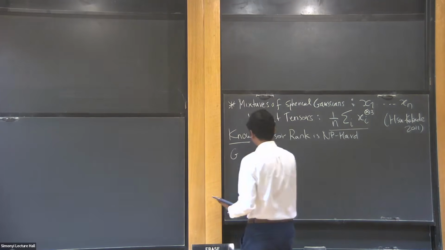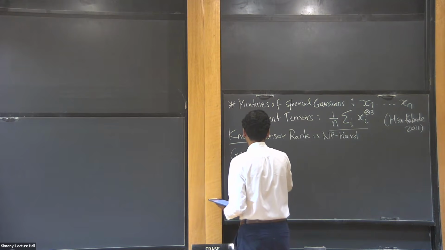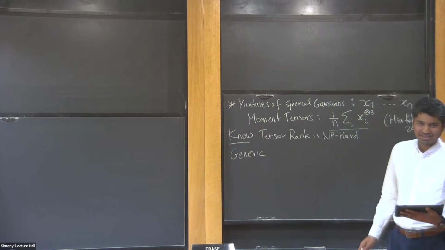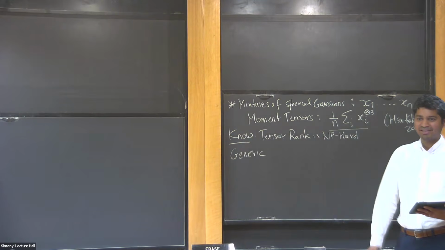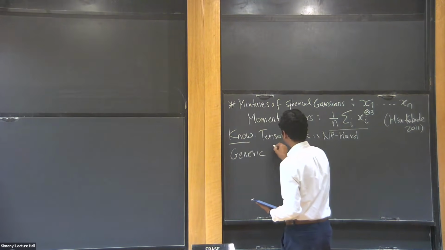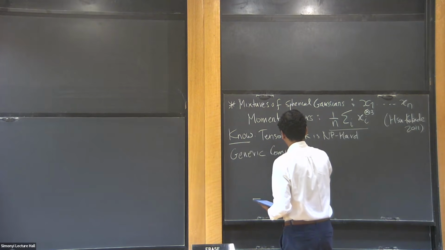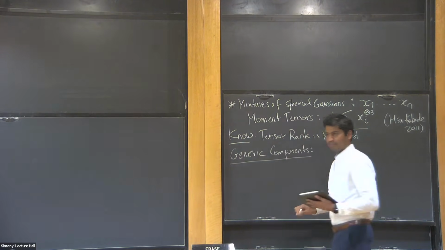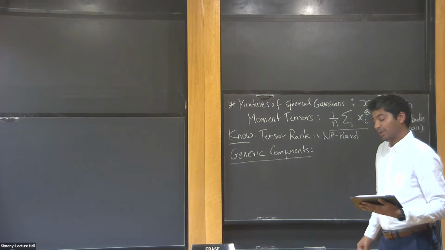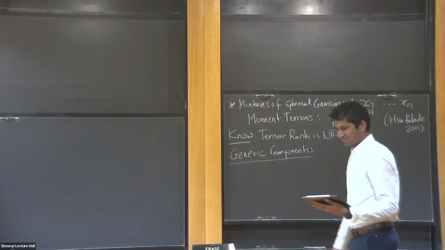Okay, so I won't write down this verbose definition of what it means to be a generic component tensor. I hope you got it. If you don't, ask me. I'm just going to use the word as is now. So for generic components, but maybe it's worth saying that tensor rank is not defined by zeros of polynomials, unlike rank of matrices. Correct. Otherwise, we would have been.